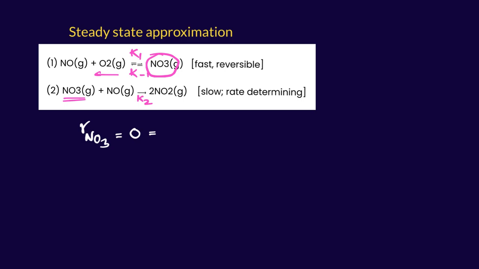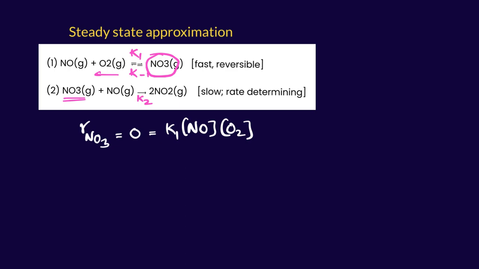In the first step, the forward reaction forms it, the backward reaction consumes it, and in the second step it is consumed. Therefore, it can be represented as K1 NO concentration O2 concentration, the rate of formation of NO3 with respect to the forward reaction.